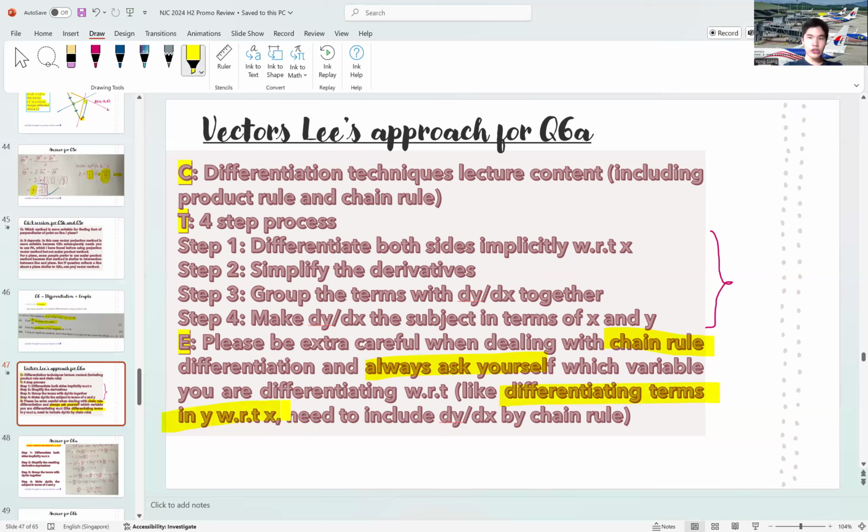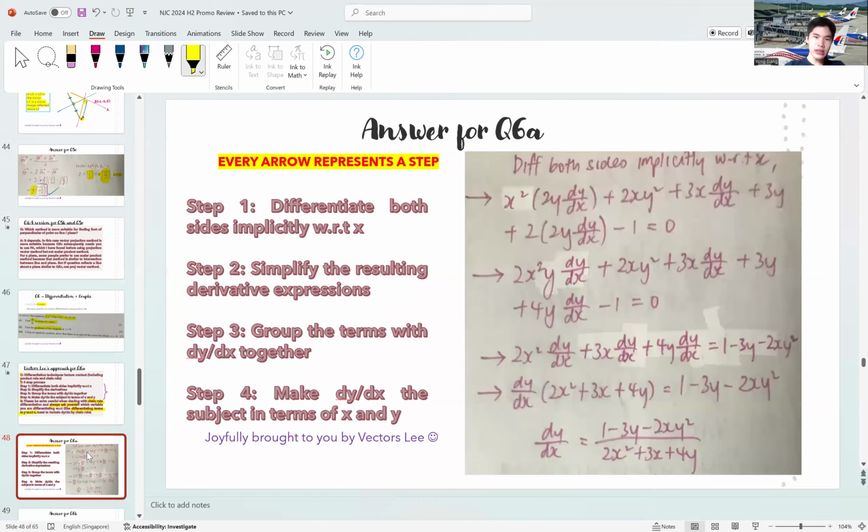So when you differentiate y squared, it is going to be 2y times dy/dx. This is all by chain rule knowledge, okay? But if you differentiate x squared with respect to x, it is going to be just 2x alone, right?